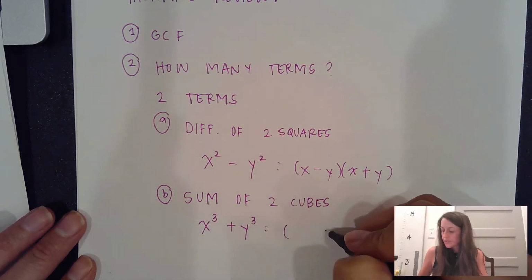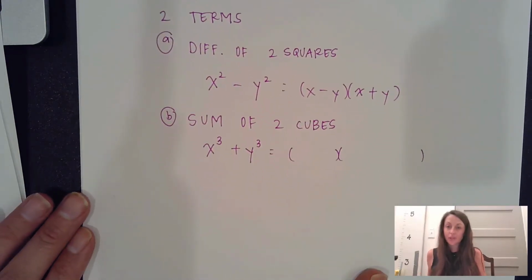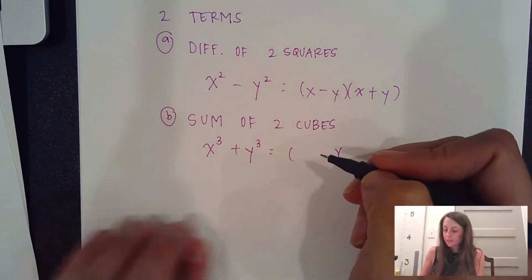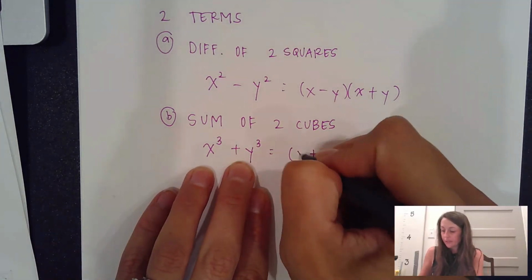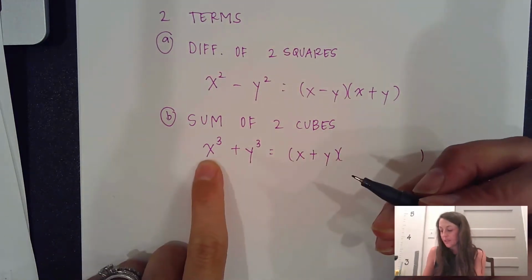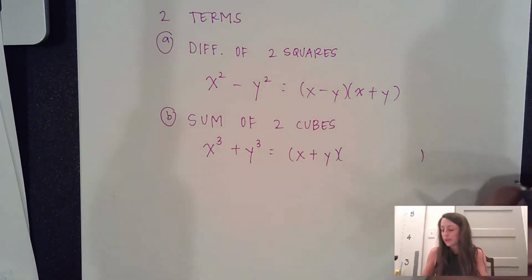So when it's a sum of two cubes, you're going to have a binomial times a trinomial. Inside this binomial is going to be the plus sign, so it's going to be the same exact thing, but just one. Whatever this term is cubed, you're going to have one of those right there.